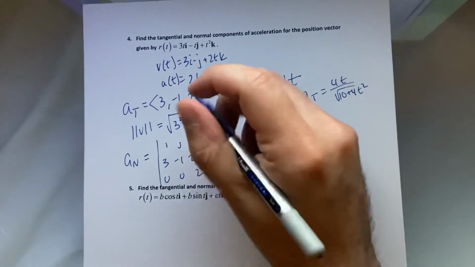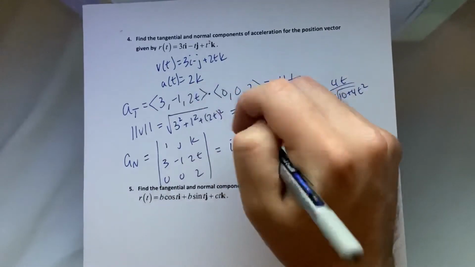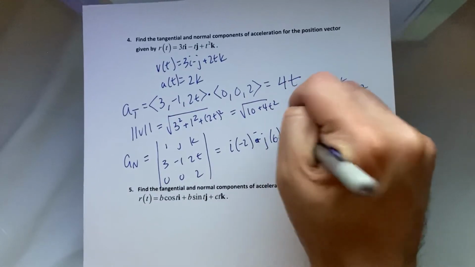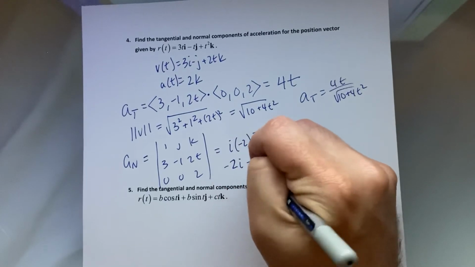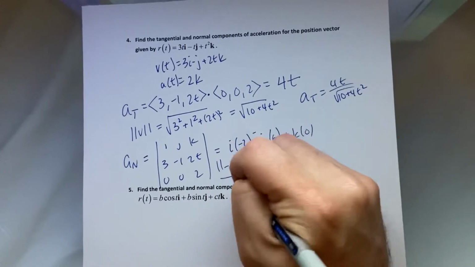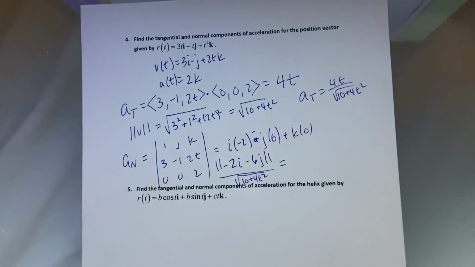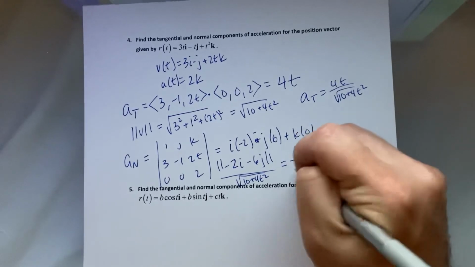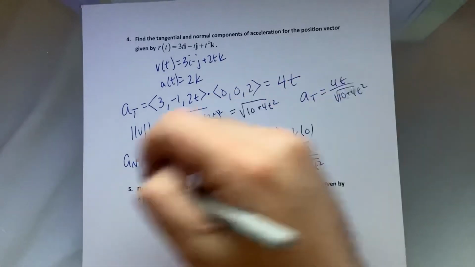So it's i times -2 plus, well, minus j times 6 plus k times 0. So namely, this is -2i minus 6j, and we need the magnitude of this over the square root of 10 plus 4t squared. The magnitude is the square root of those two coefficients squared, so that's the square root of 40 over the square root of 10 plus 4t squared. So this is a sub N, and this is a sub T.